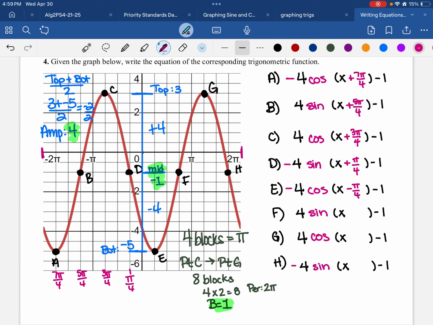Sine is going to be 3 over, so it's minus 3 pi over 4. The cosine for point G is at minus 5 pi over 4. And the last one is at negative 7 pi over 4.